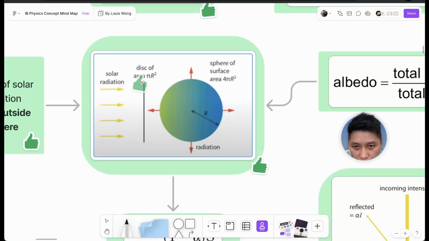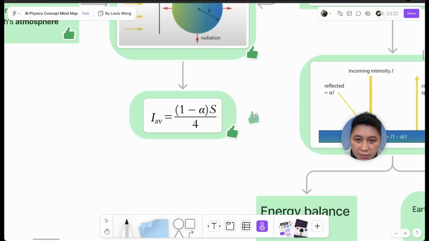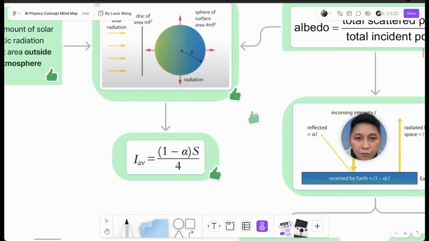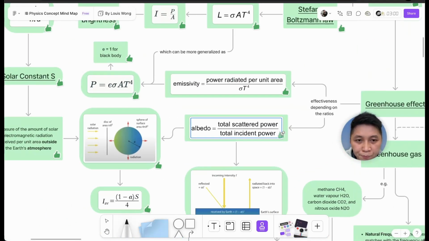It's something to do with a 2D circle having the light from the sun shining through it, and that's how much light we receive on Earth, but it has to be shared by a 3D spherical area. So that's why the equation looks like this. If you are not sure how you obtain this, you may want to derive it again yourself. If you can't, then refer to my video again.